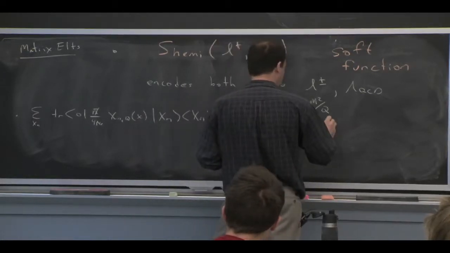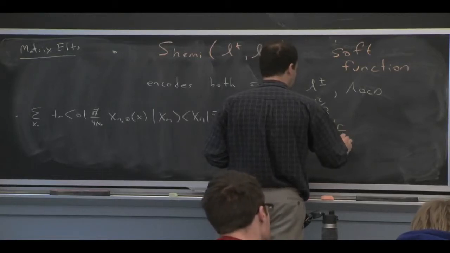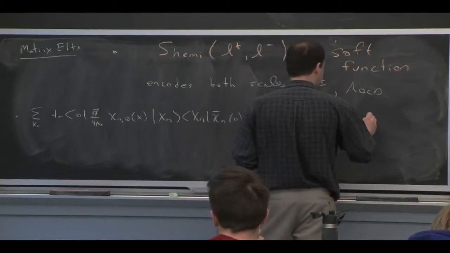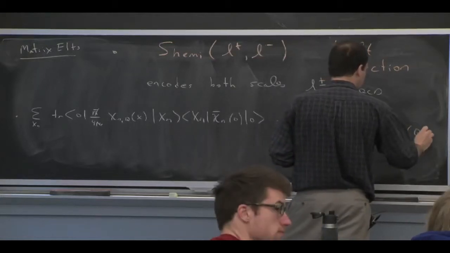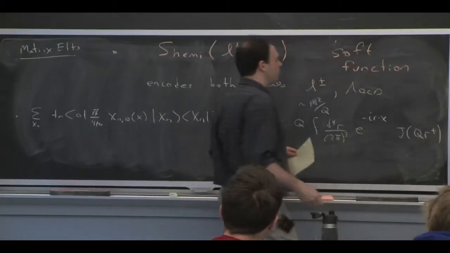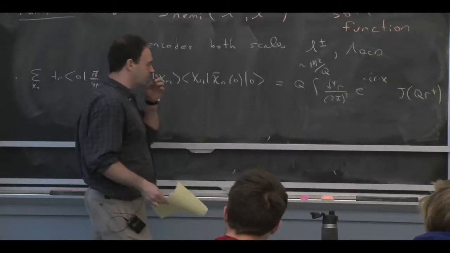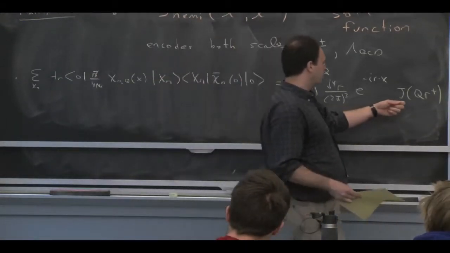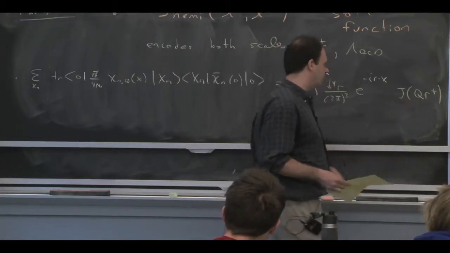So this guy here we're going to write in Fourier space. That's a convenient thing to do. Because what we know about the Feynman rules in Fourier space is that the collinear propagators would only depend on the small plus momentum.